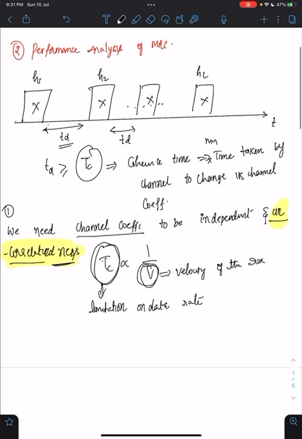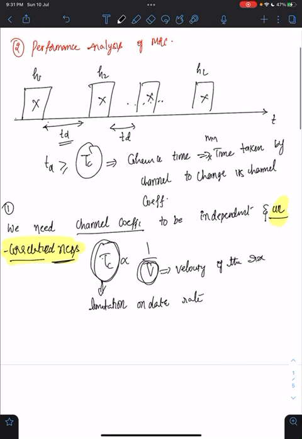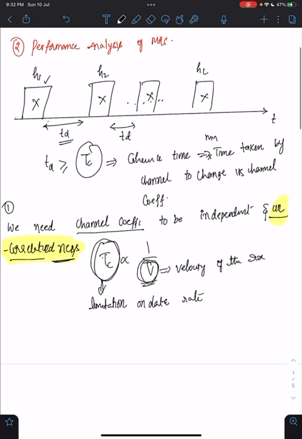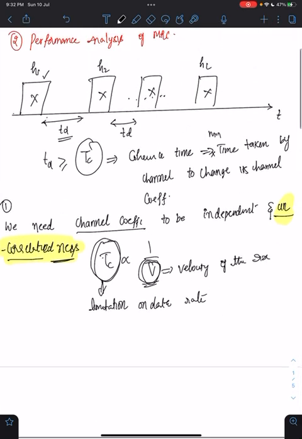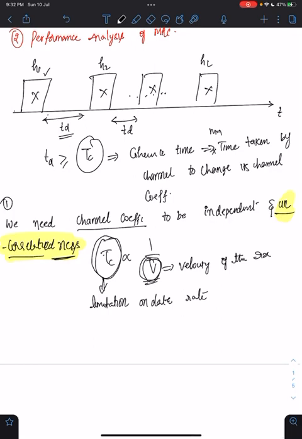If TC is more, the time we have to wait increases more and more. So if you send a symbol X to a stationary receiver, you'll have to wait for a longer and longer period of time to make sure that the channel coefficients we get are IID and uncorrelated. It really depends on the velocity of the receiver we're dealing with.